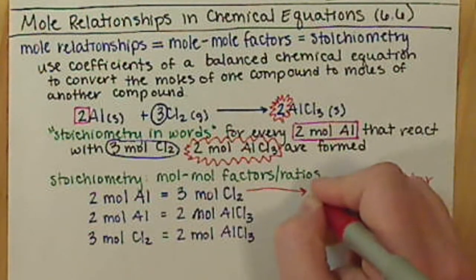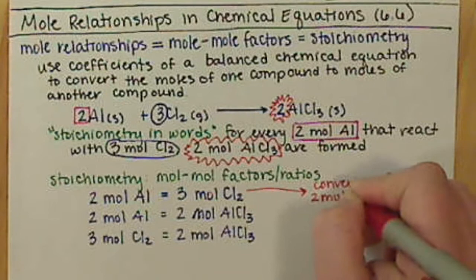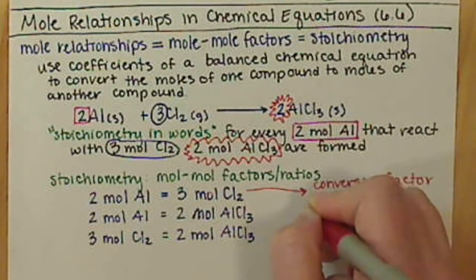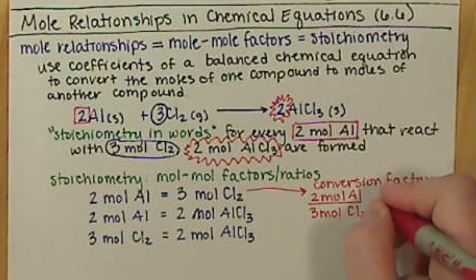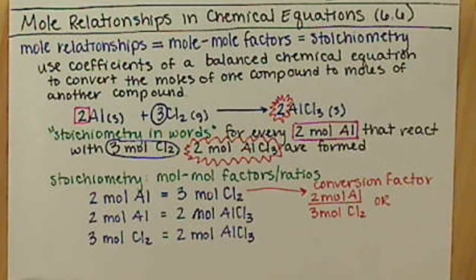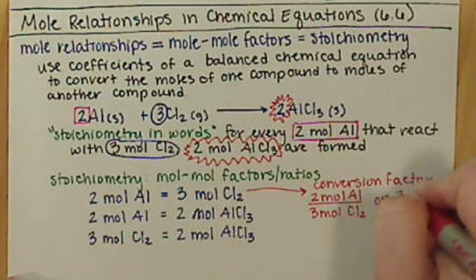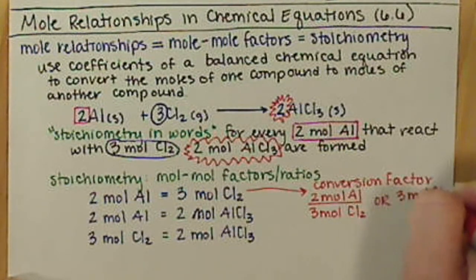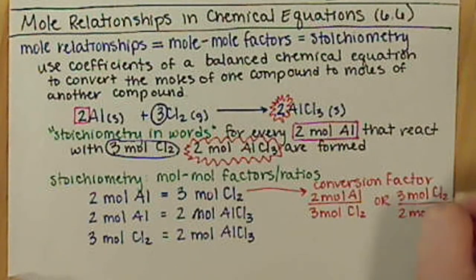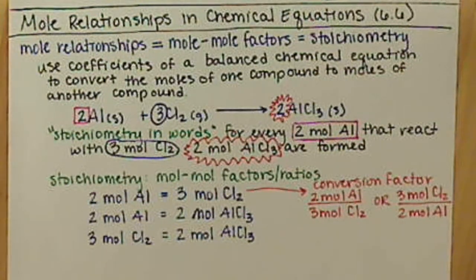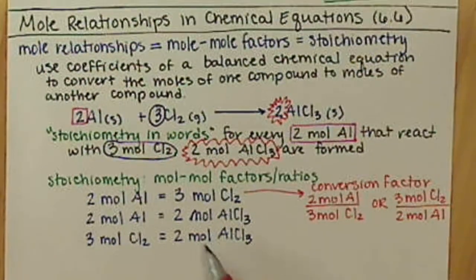We have either 2 moles of aluminum for every 3 moles of chlorine, or we have the flip-flop of that: 3 moles of chlorine per 2 moles of aluminum. And we can write conversion factors also for these other 2 examples. Same concept.